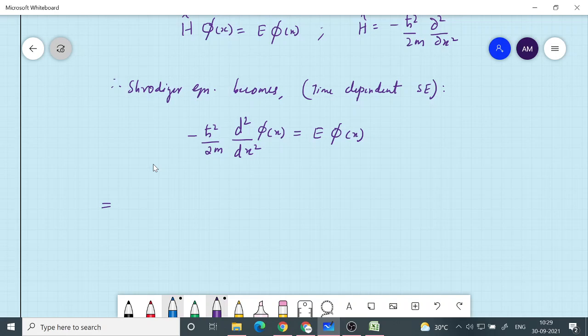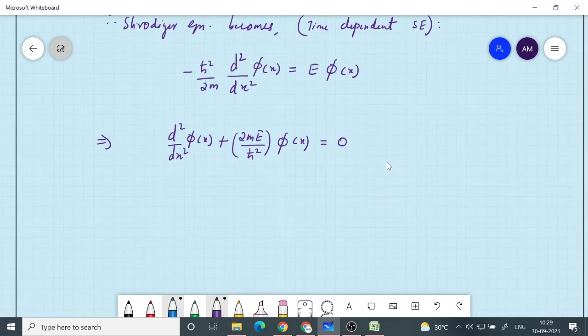Let me rearrange this: d square by dx square of psi of x, plus 2mE by h-cut square, into psi of x. This is a very familiar differential equation. It is a second order differential equation, and we all know the solution.